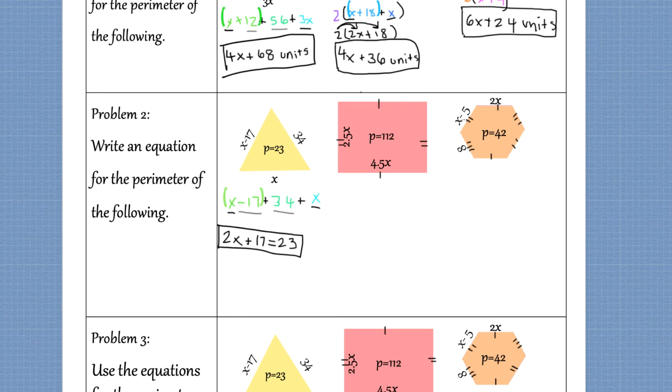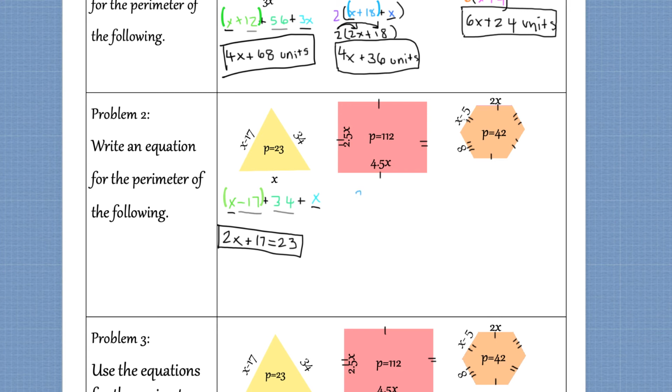And the 2.5x on this side is also equal to 2.5x on this side, as seen on the double lines on each side. So again, instead of just adding 2.5x plus 2.5x plus 4.5x plus 4.5x, we're just going to take the 2.5x and add 4.5x and then multiply everything by 2.